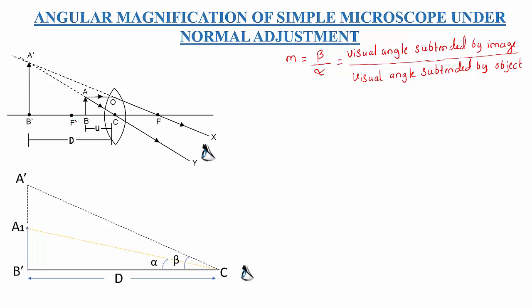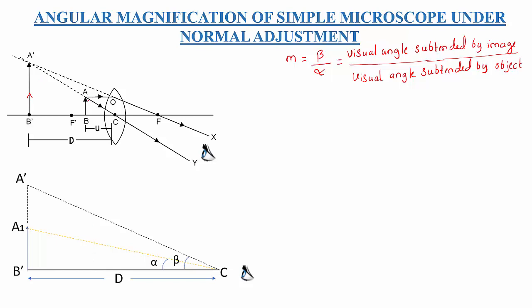Now you can observe the ray diagram. Beta is the angle subtended by A dash B dash, that is the image. Alpha is the angle subtended by the object, that is AB. Now to get the values of alpha and beta, I am going to displace the object AB and keep it at the least distance. I have redrawn the same diagram, you can observe.